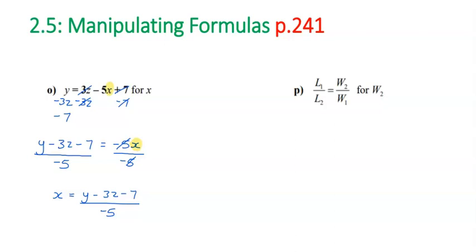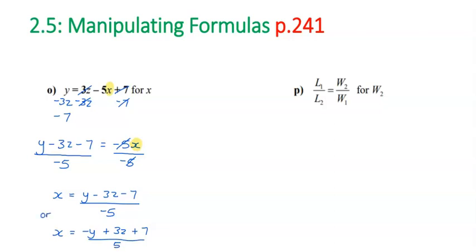So what they do is they change each and every sign. So when we change a denominator to become positive, it switches all the signs of the terms in the numerator. So that is why they show in the book x is equal to negative y plus 3z plus 7 over 5.